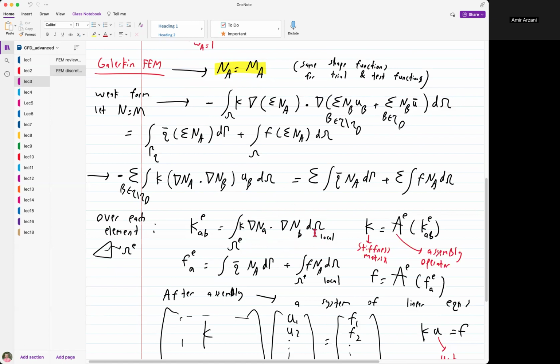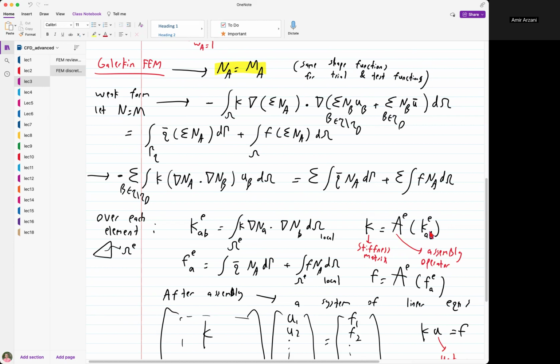This is evaluated on the local element, just a tiny element that's part of our entire domain. The same thing goes for the right-hand side, F, which constitutes the source term and the Neumann boundary condition. We evaluate these across each element, and that's what the superscript e denotes.